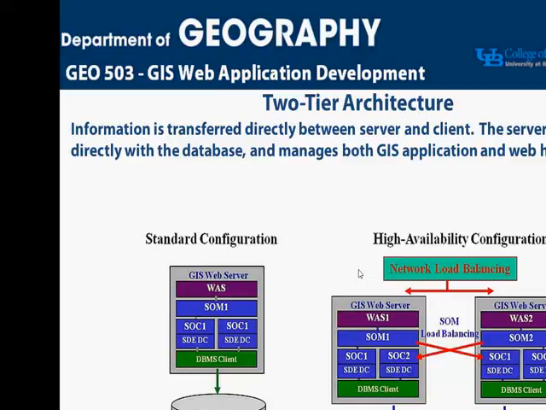When you make a request to Google, there's a machine that load balances. It says, this one's not busy, I'm going to send your request to that server. Now this server is busy, the next person comes on, I'm going to send them to another server, and all these servers work together. That's called high availability configuration through network load balancing.